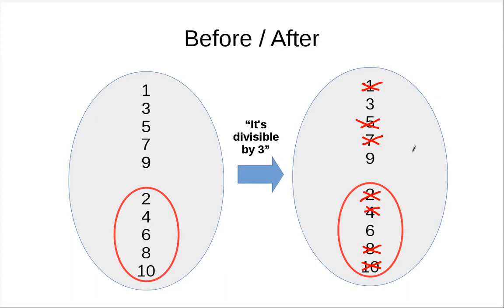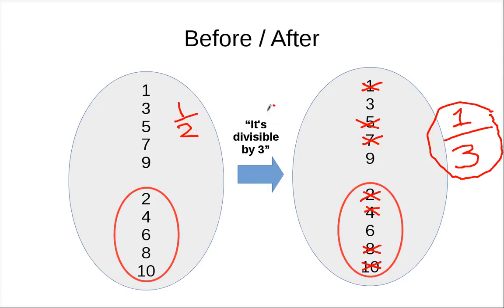So what's the probability that we get an even number? We only have 1 left out of the 3 possible outcomes. The outcome that we are interested in is just 1. So this is the new probability that you get an even number, which has decreased from 1/2 because you know this fact.